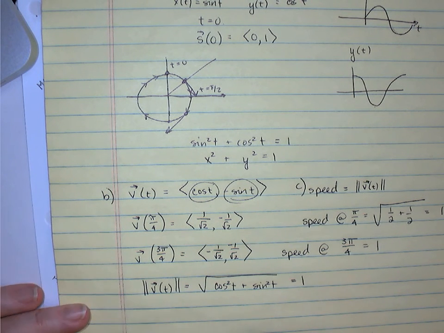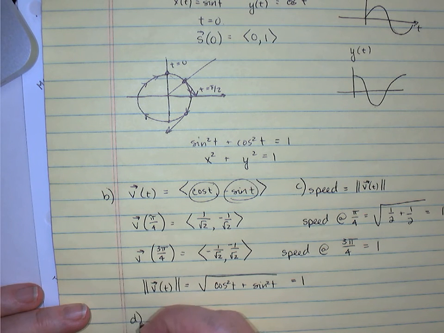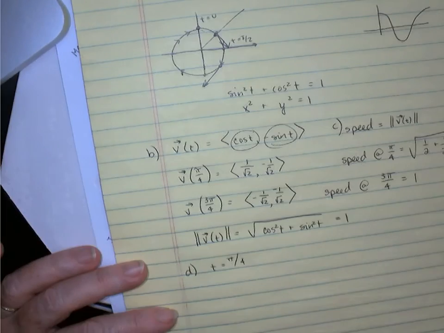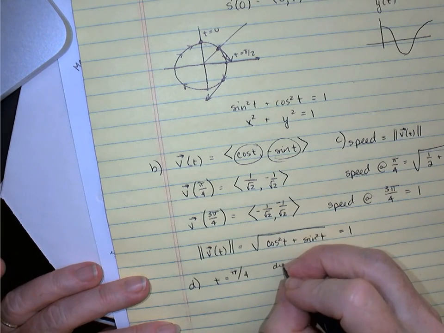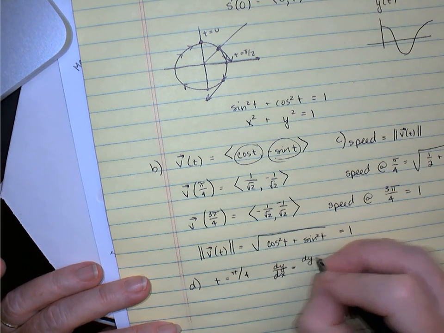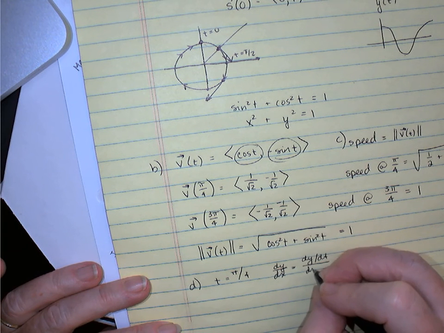And then finally, for the last part, we're looking for the slope at t is equal to pi over 4. And what we had said is that slope, so dy/dx, is just going to be dy/dt over dx/dt.